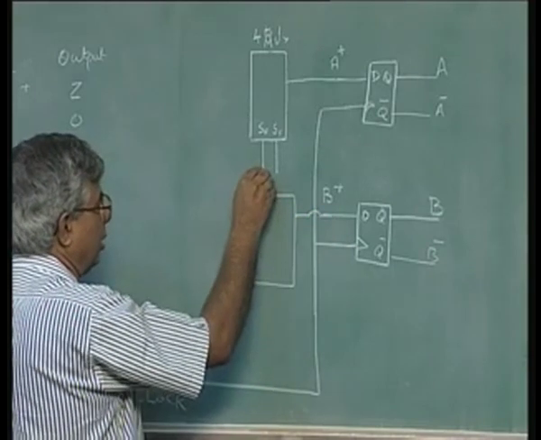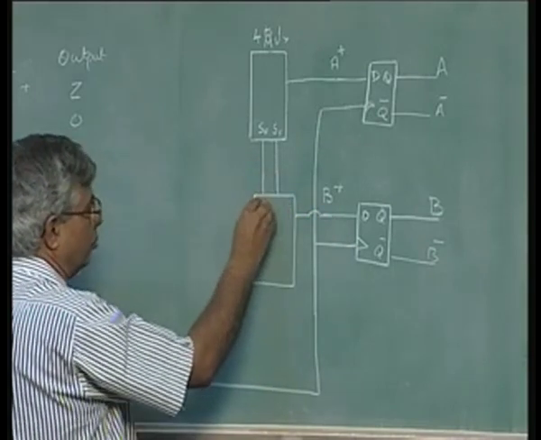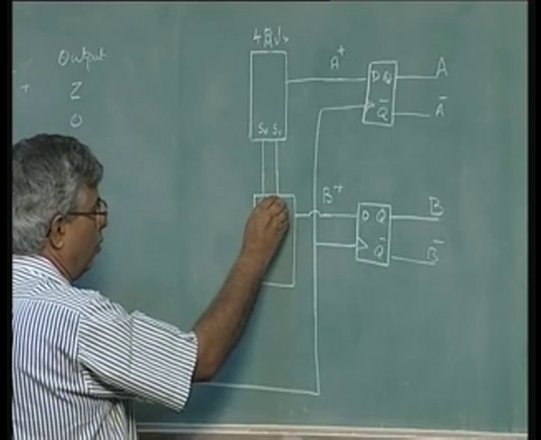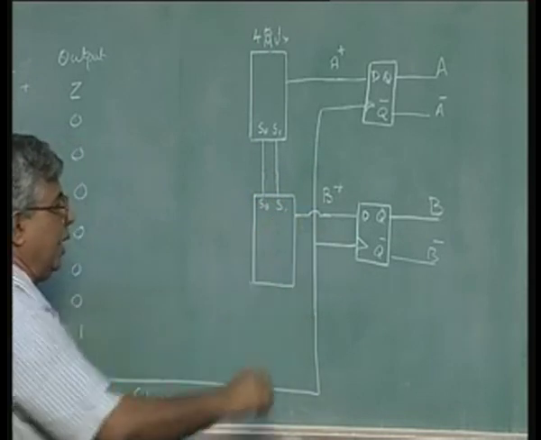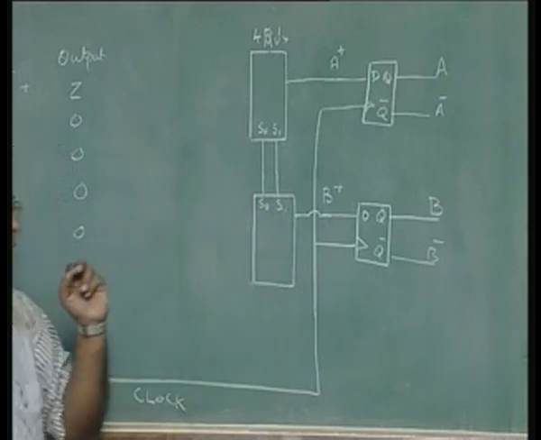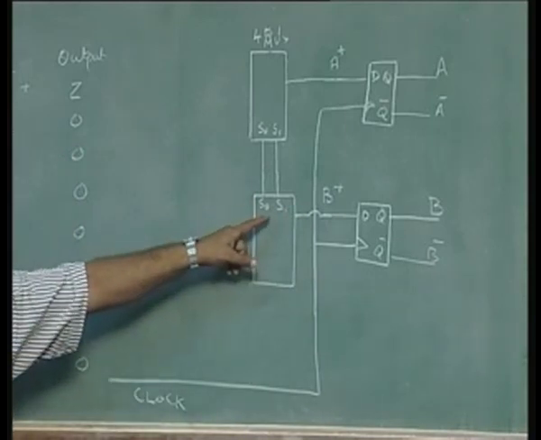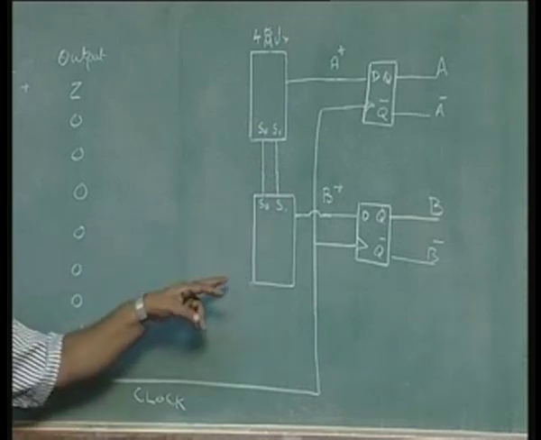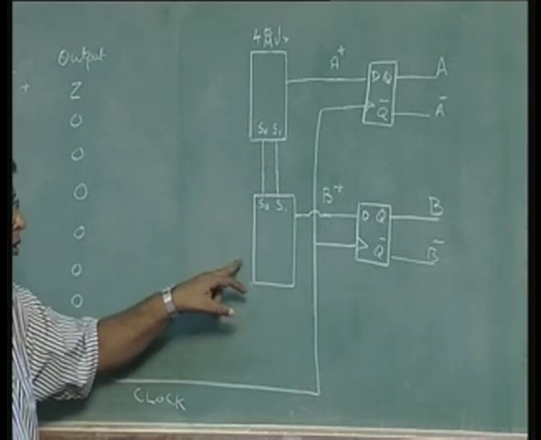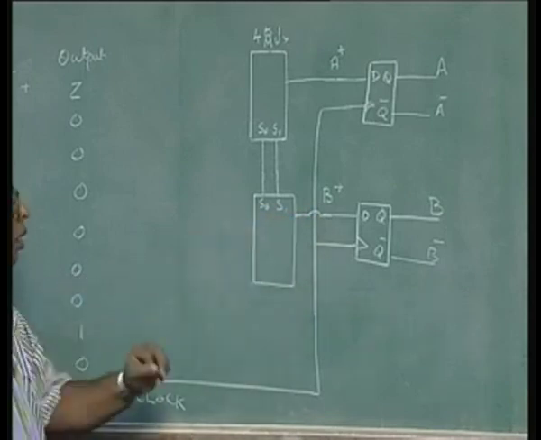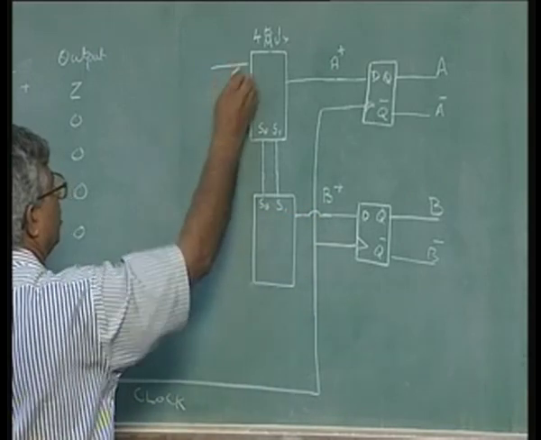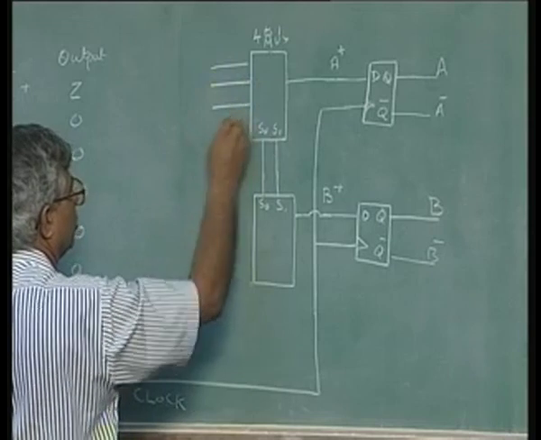The present state information S0 and S1 will give the corresponding next state based on the input condition. Again, I will have 4 choices of S0, S1 for 4 different states, and each of these states will correspond to an input condition which will be the next state. Now, that means I will have this I0, I1, I2, I3.